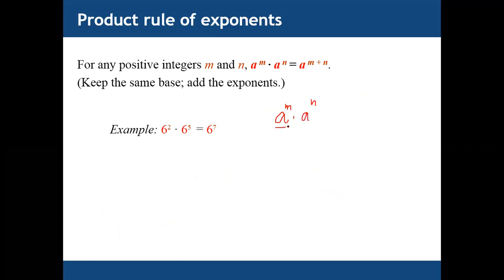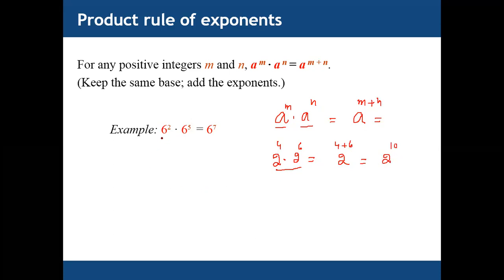You can see the bases are the same, both are a. So take the base common and add their powers, m plus n. For example, if we have 2 power 4 multiplied with 2 power 6, both are 2. So take one base common and add their powers, 4 plus 6, equal to 2 power 10.